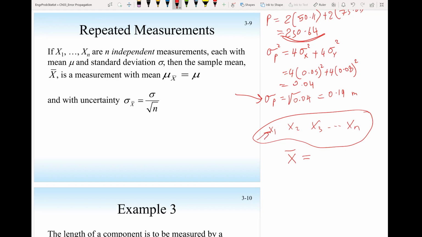What is the precision of the amplification? In this case, sigma x bar equals sigma over the square root of n.